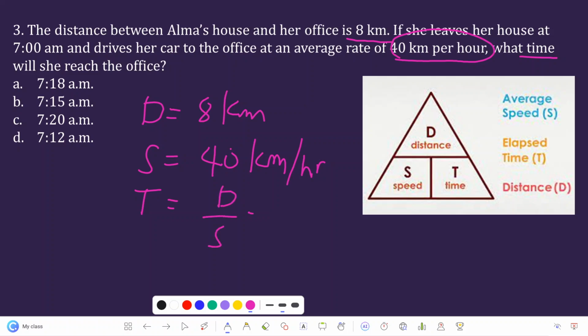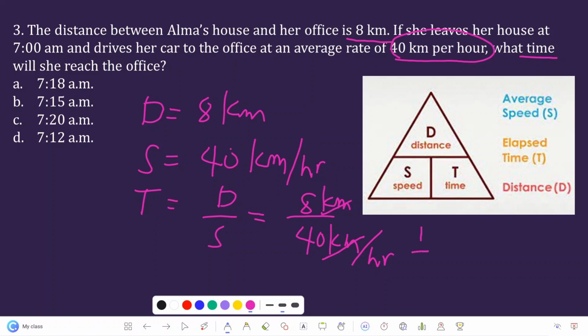So this is, you can directly substitute kasi nasa kilometer per hour, nasa kilometer ang D, nasa kilometer din ang S. Okay, ang speed. So 8 km over 40 km per hour. Here, you can cancel km, you can cancel km, at ang hour ay mapupunta sa taas dahil it's just like division of fractions.